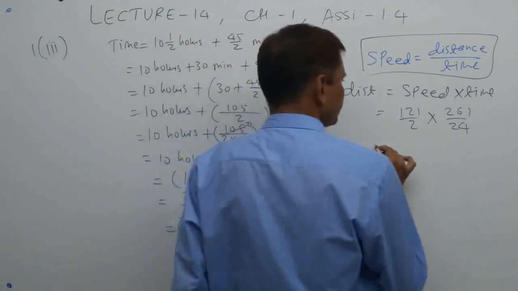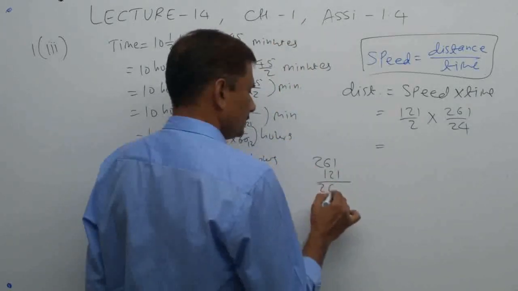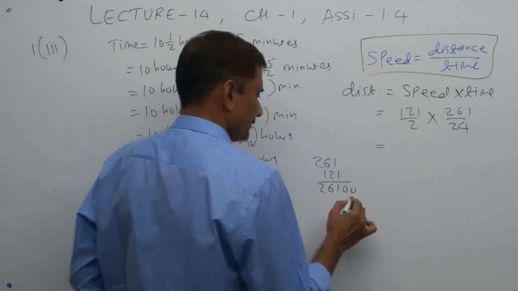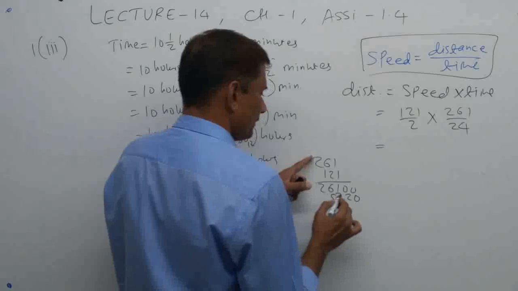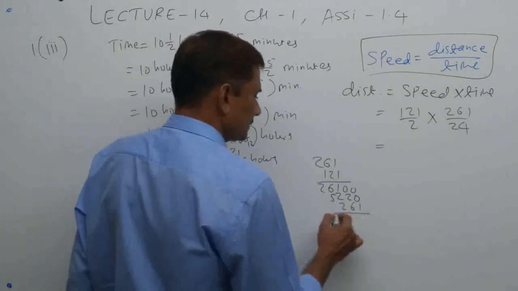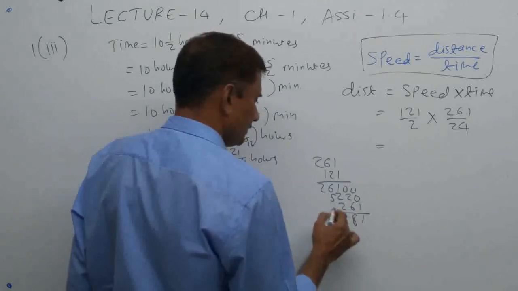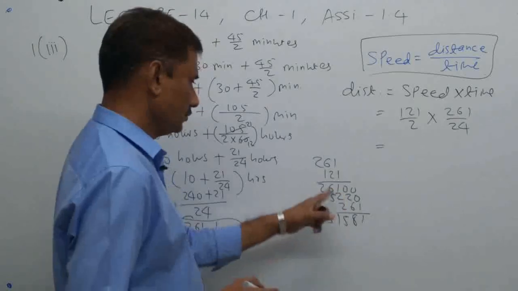So, multiply 261 by 121. So it will be 26100. It is 2, 6 to the 12, 2 to the 4, 5. Again 261. So 1, 8, 5, 1, 3. Again. Okay.